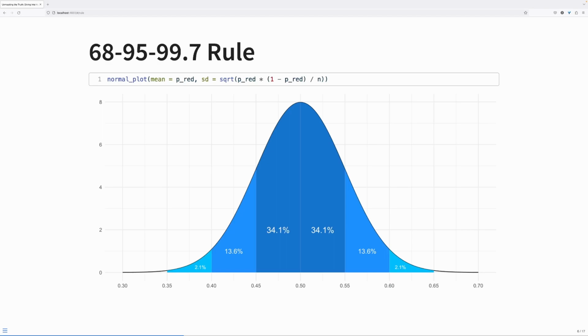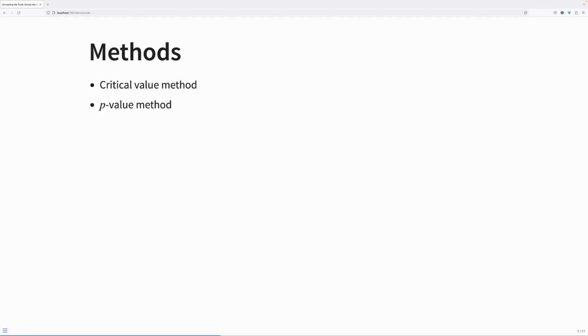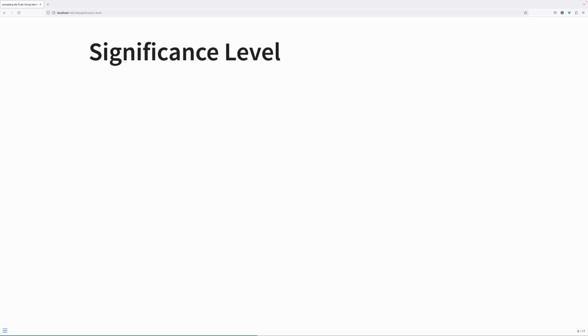So how do we measure the significance of the deviation? We will talk about two methods, the critical value method and the p-value method. Both methods require us to decide on a statistical significance level, which determines how much evidence we need to reject the null hypothesis. So what is a significance level?